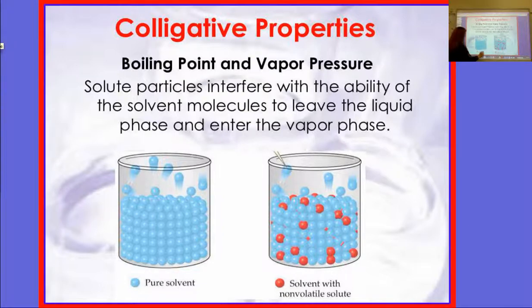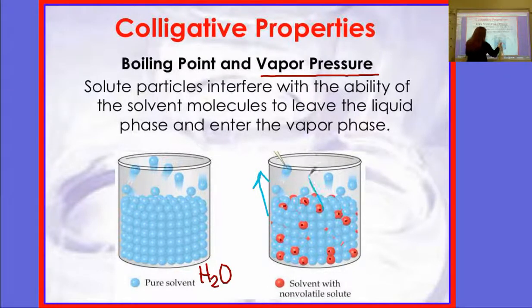Here's a picture for you. Here's pure solvent. This could be pure water. And as you can see, when you add solute, so maybe this is table salt, maybe this is sugar, again, it doesn't matter what it is. It just depends on how much. If I'm trying to boil this, or if I want to look at the vapor pressure, these red guys seem to get in the way of the fact that the blue ones want to leave.